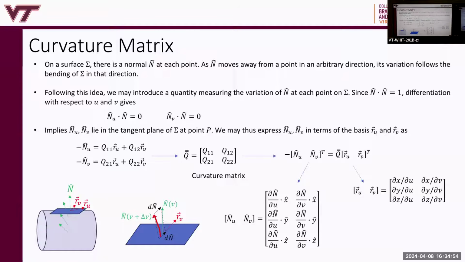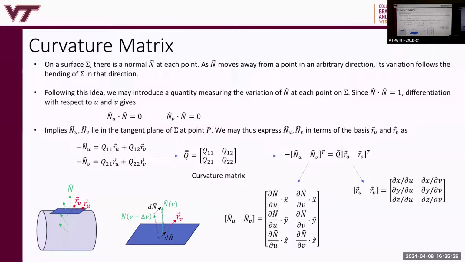If we calculate the derivative of that vector n hat, which is just n of v plus delta v minus n of v divided by delta v, as delta v goes to 0, then we find this vector, right? Remember, you subtract the vectors, n of v plus delta v minus n of v, based on the formula for derivatives. That vector is orthogonal to n by these expressions here, and therefore lies in the tangent plane. All right?